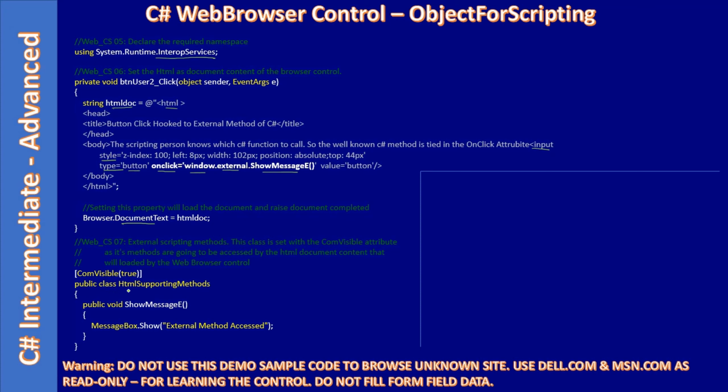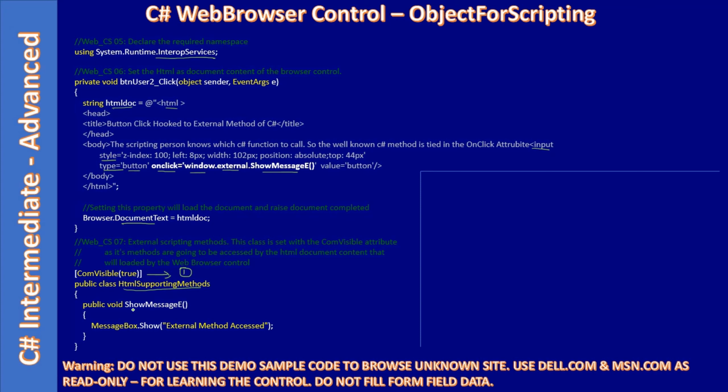We create an HTML supporting method. This is our COM class, and this one is important. We are marking this class as a COM visible class, ComVisible true. Once you set this attribute, the class becomes a COM visible class.